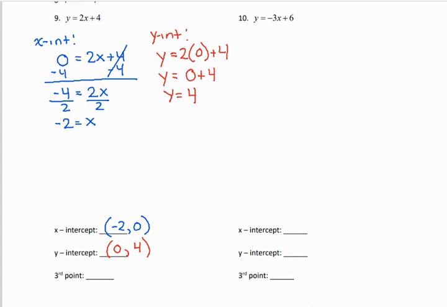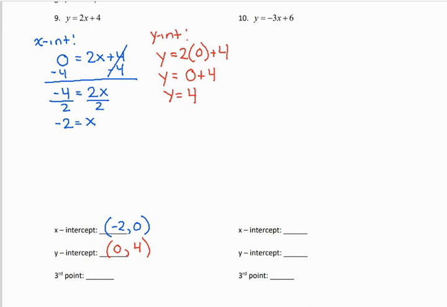But if you just do 2 points and one of those was off, you're never going to know if you were wrong or not. Whereas if you have 3 points, you can see, are they actually making a line? Remember when we graph all of our data and occasionally 1 point seems wrong because it's not making a nice straight line. So having 3 points allows us to confirm we're doing this correctly. Our x and y intercept just give us 2 points, so we want to find a third point.